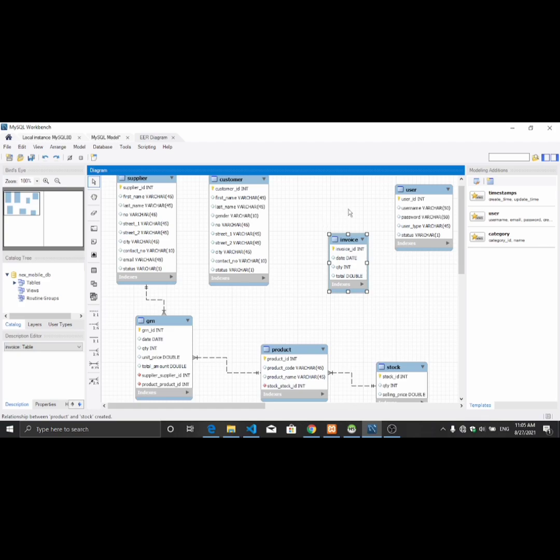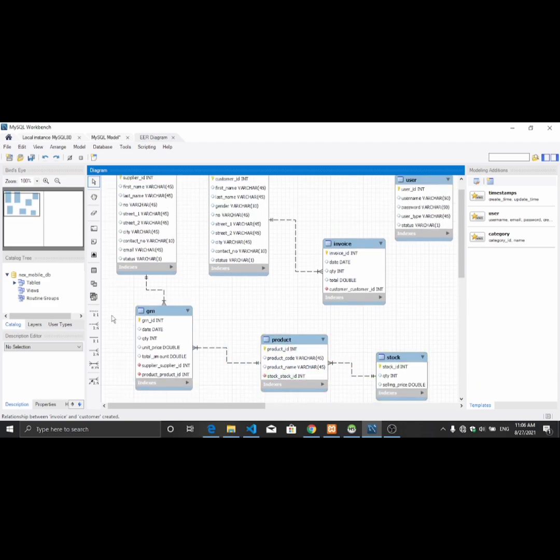Here there's another table shown, and it's an invoice table. It helps to create the one-to-many relationships between the customer and product tables. A customer can have many invoices, but one invoice can have only one customer, so it's a one-to-many relationship.